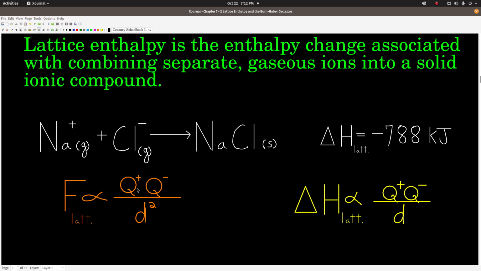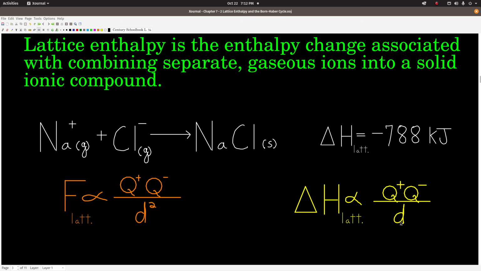Now, the lattice enthalpy can be calculated, that's down here, using Coulomb's law. It ends up that the lattice enthalpy is proportional to the charge on the two ions divided by the distance between them after they form the ionic compound. Now, the distance between them we can usually approximate pretty well as the sum of the ionic radii, the radius of the cation plus the radius of the anion.